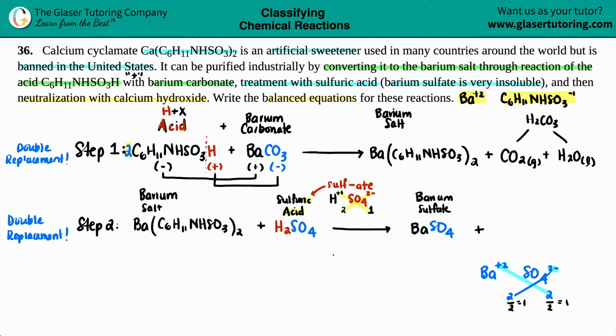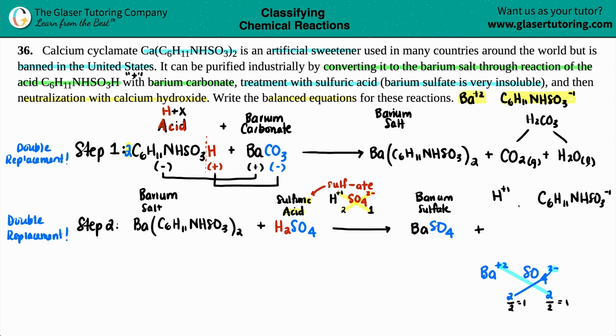Now we're going to use the rest. And it seems like we're right back to where we left off. I don't know why we had to do that one step, but I guess they wanted us to do it. So we have the H plus and the C6H11NHSO3. And remember, we said that that was a -1 charge, right?